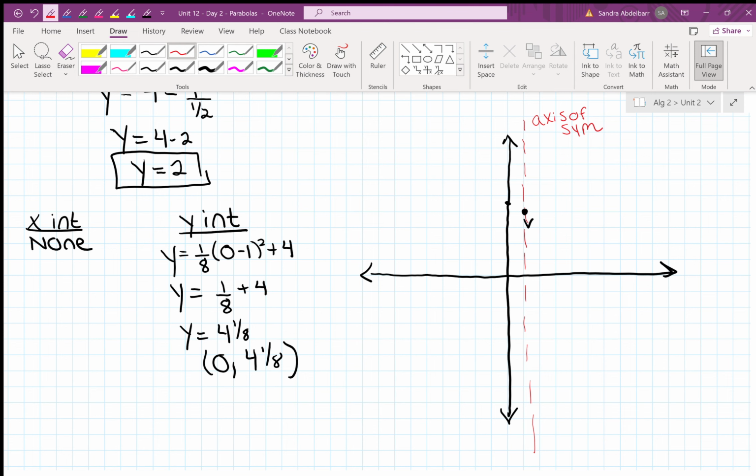So I'm labeling it all for you. All right, so now let's plot our focal point. So our focus is (1, 6). So over 1, up 6. 1, 2, 3, 4, 5, 6. I'll put F for our focus.